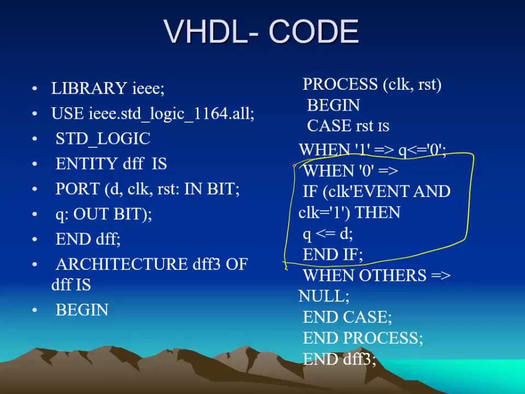When reset is 1, we just set Q equal to 0, right? So we're doing a reset. When 0, if clock event and clock is equal to 1, then Q gets D. So again, this is a very simple when 0, 1, but you can see that I'm sticking in here an if then else, so it doesn't have to be simple.